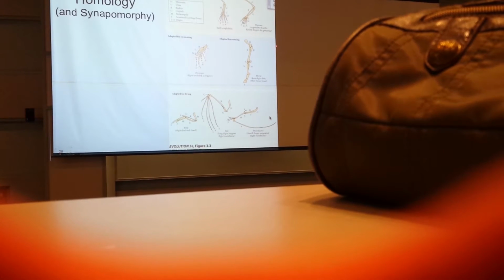They've been adapted for grasping in humans, adapted for swimming, adapted for running, and adapted for flying. So the same bones, used for different things, which suggests that they have a shared evolution.